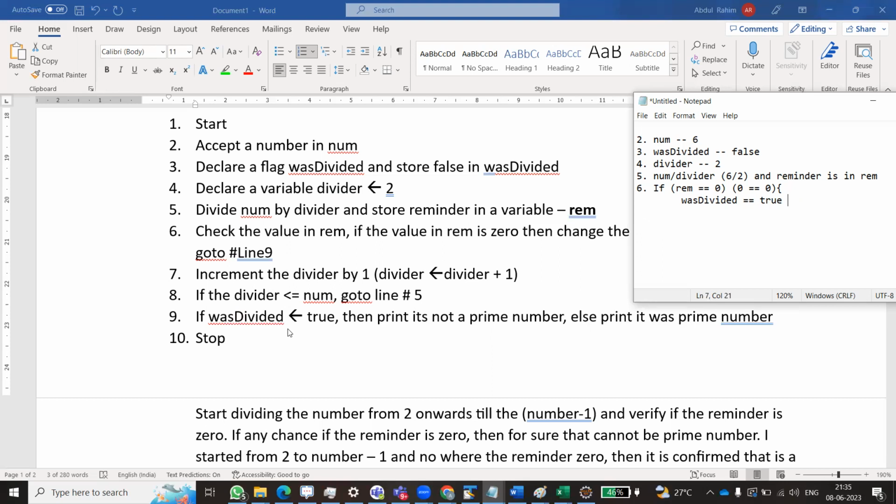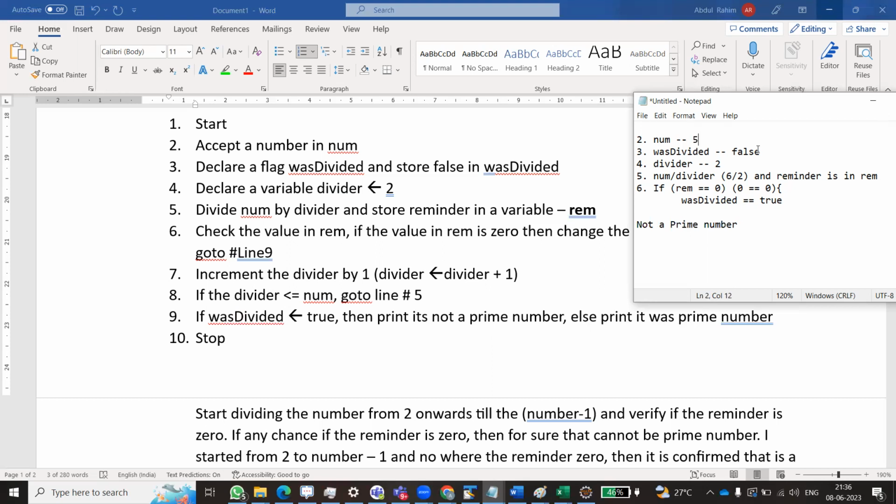And what does line number 9 say? We will again check. Is it true? Yes, it is true. So what will it do? It will say not a prime number, right? Okay. Now, sorry, instead of 6, shall we do it for 5? So 6 is not a prime number, right? Yes, sir.